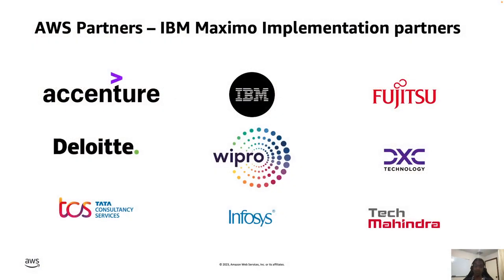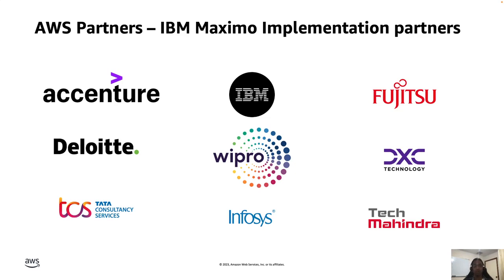Now, as we have seen, the migration from Maximo 7 to Maximo Application Suite 8 can be an involved process, and for customers there is the option of relying on partners.